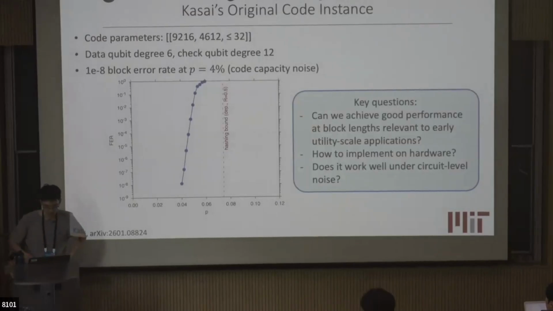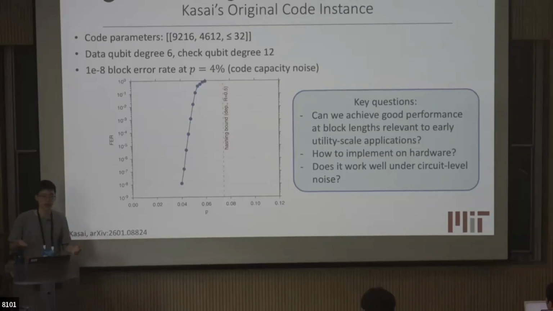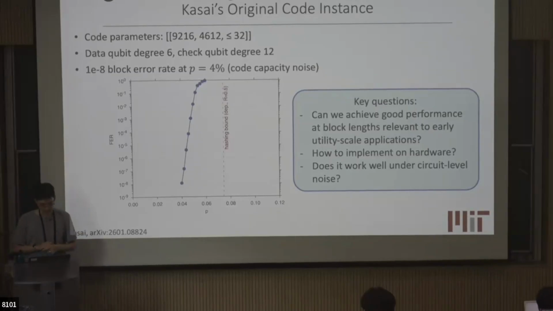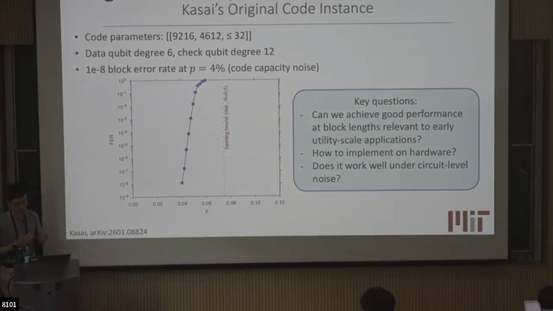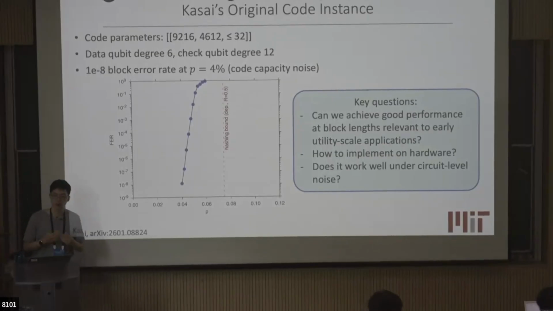So the key questions that we were interested in is, okay, this is like a large block length construction. How far can one bring it down? Is it intrinsic that you have to use these large block lengths, or can you take the same construction, look at practically relevant sizes, and still get good performance? And in particular, in practice, we care about circuit level performance, right? This is compared to maybe the bivariate bicycle code, this is a larger check weight.